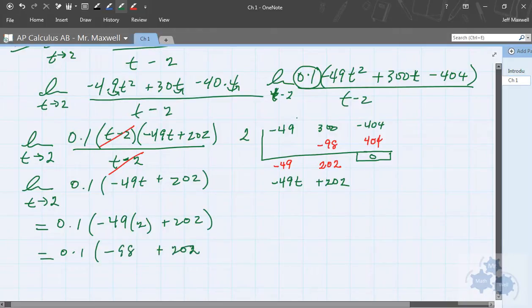Plus 202. So that's 104, or 10.4. So the slope, 10.4. Does that check out?